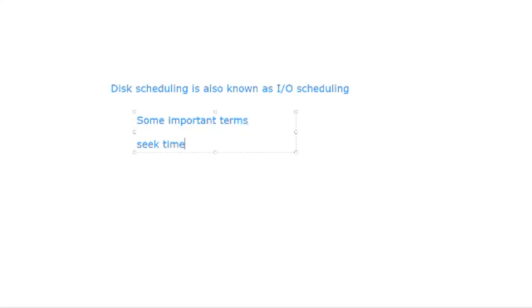Does anyone have any idea about seek time? What is meant by seek time? Seek time is the time taken to locate the disk arm to a specified track where the data is to be read or written. So the disk scheduling algorithm that gives minimum average seek time is better.